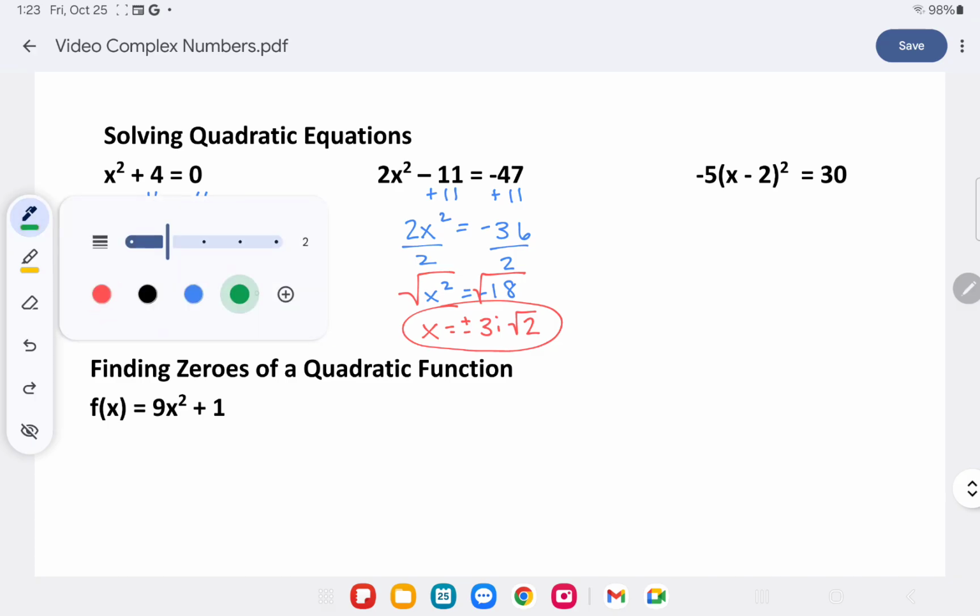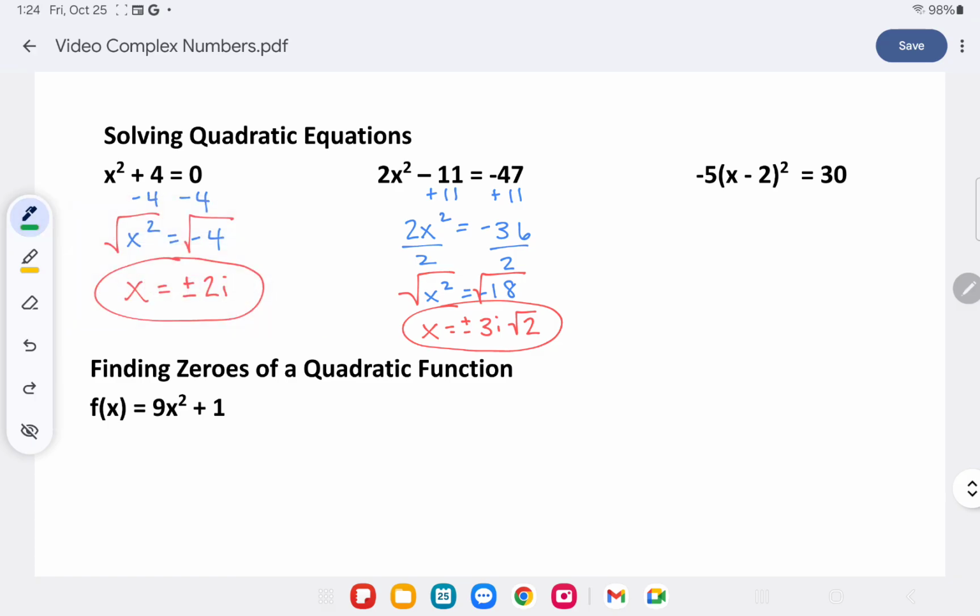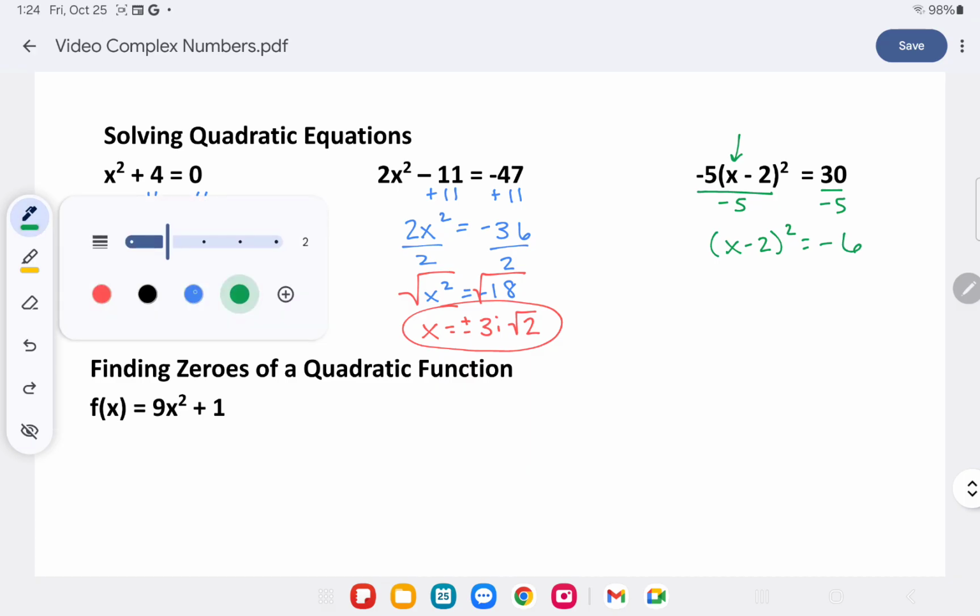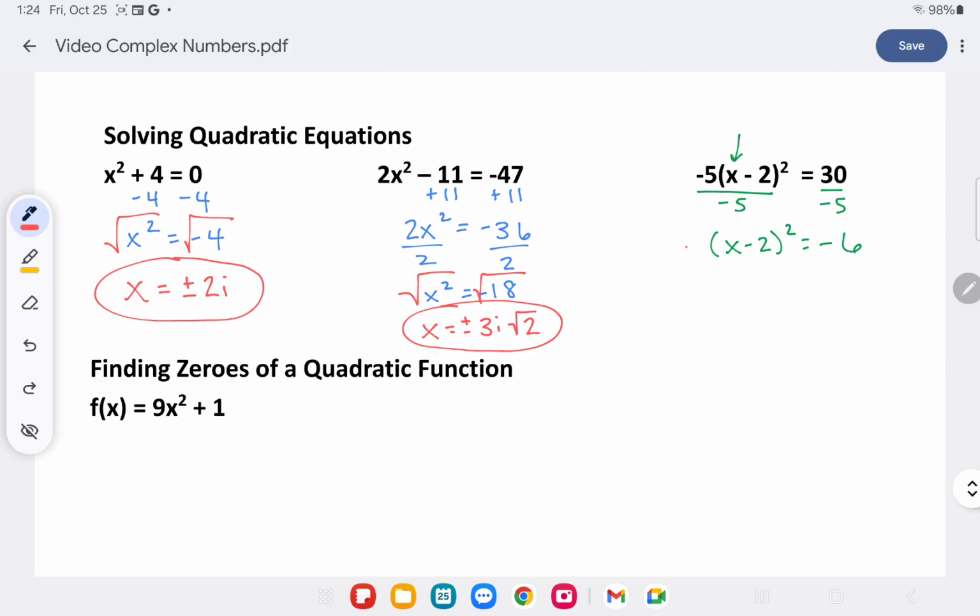On our last example, we can do this one by solving by square roots also because we can isolate this x pretty easily. The first thing we need to do to isolate the x, though, is to divide both sides by -5. Then we need to take the square root of both sides. Right now that -2 is trapped in the parentheses, so we cannot add 2 to both sides. We need to stop and take the square root of both sides. So the square and the square root cancel each other out.